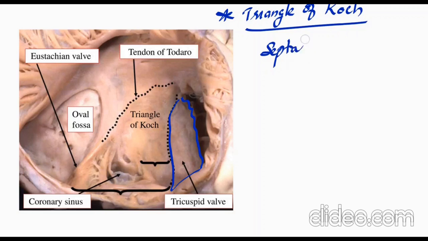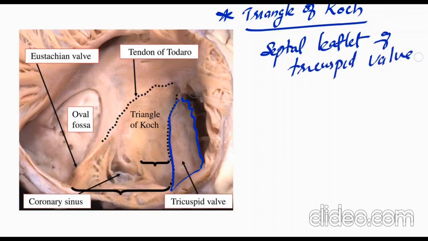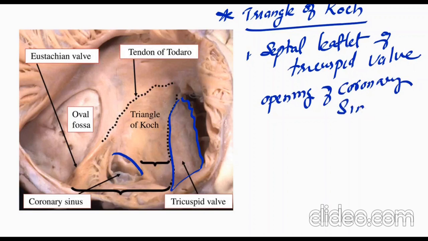That is the first boundary. Second, there is the coronary sinus, the anterior margin of the opening of the coronary sinus, and posteriorly by an elevated structure that is known as the tendon of Todaro.